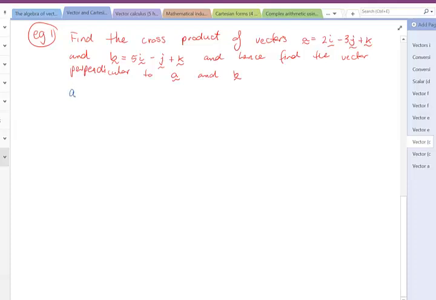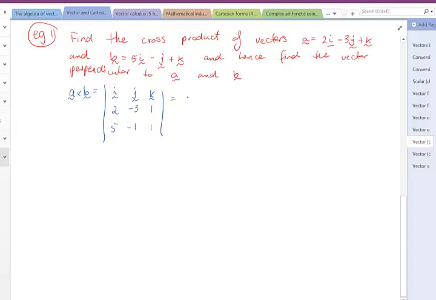So if we look at cross product of A and B, then that will mean that we're looking at the determinant of the 3x3 matrix, including the direction vectors I, J, and K, the component values of A, which are 2, -3, and 1, and the component values of B, which are 5, -1, and 1.